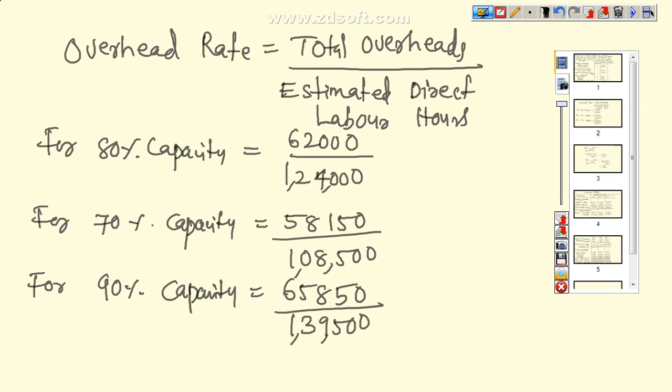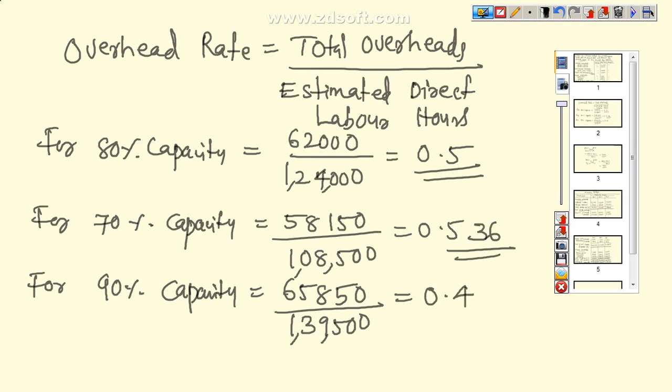That is equal to, for 80% capacity the answer is equal to 0.5, and for 70% capacity answer is equal to 0.536, and for 90% capacity answer is equal to 0.472.